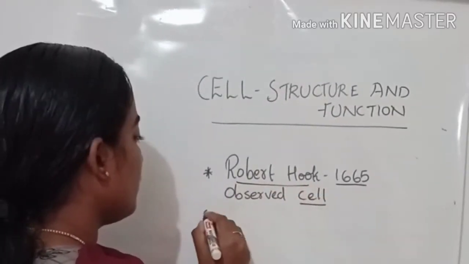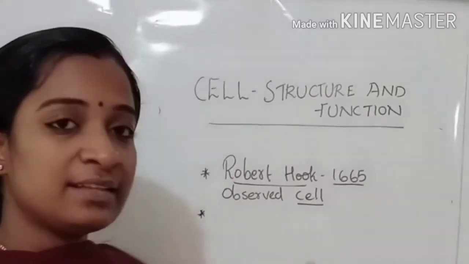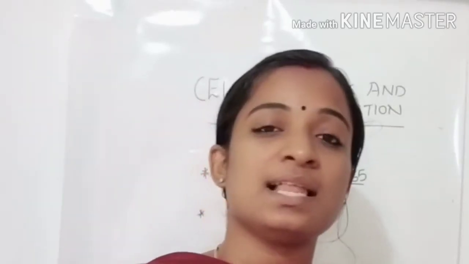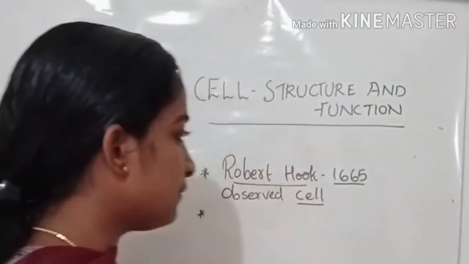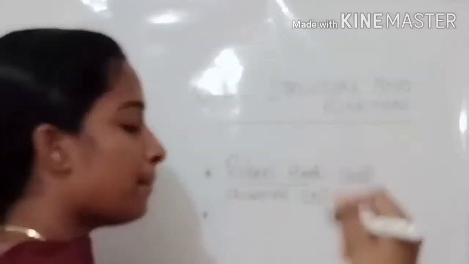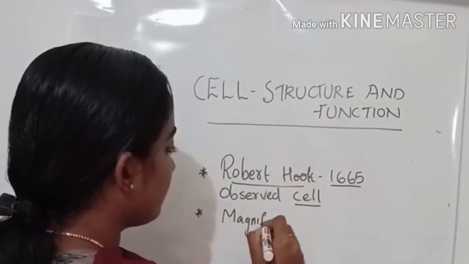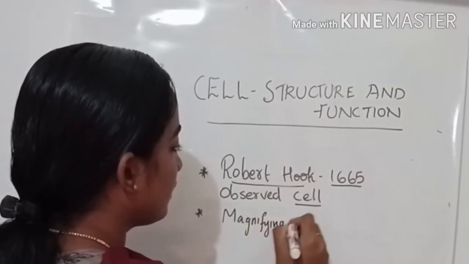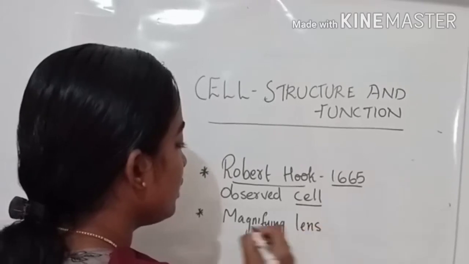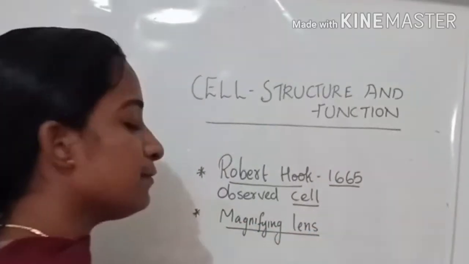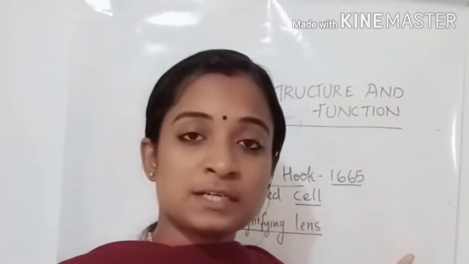Robert Hooke. In that year there were no microscopes at all. So he observed these cells using a magnifying lens. He used a magnifying lens to observe the cell.